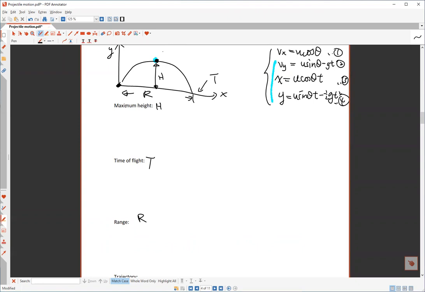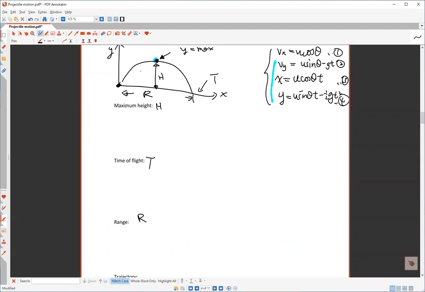So for this one, at the highest point, what is special at the highest point? You may say the y is maximum, okay? Yeah, the y is maximum at the highest point. But if you say y is maximum, you can't solve anything interesting from the equations.